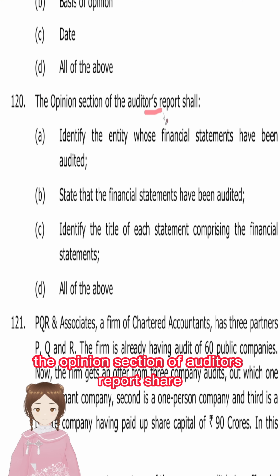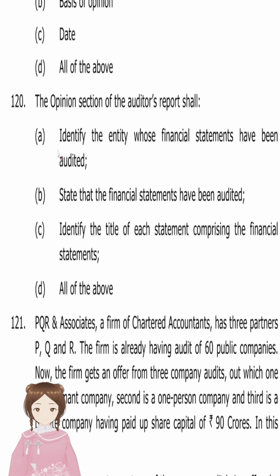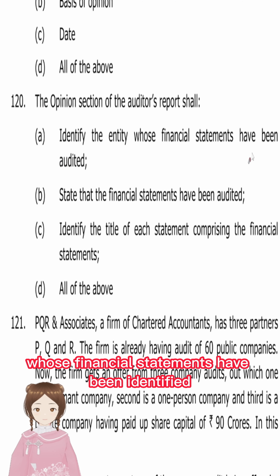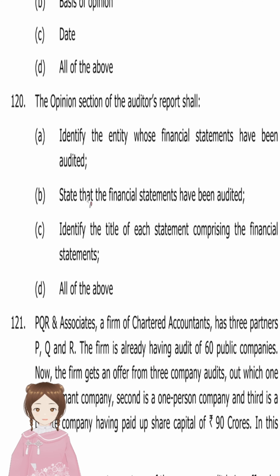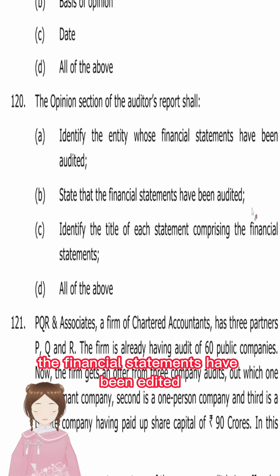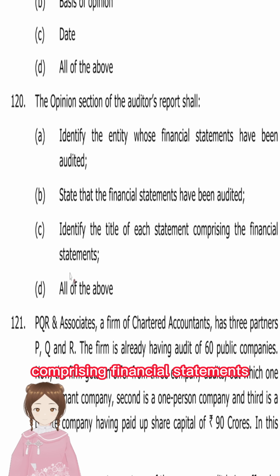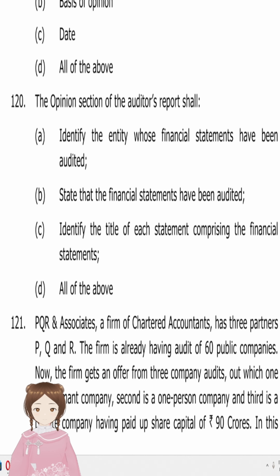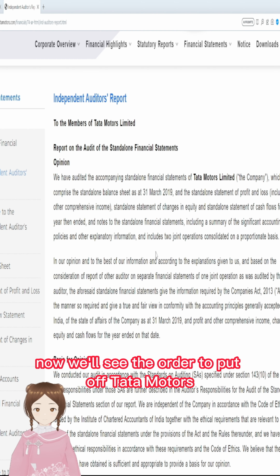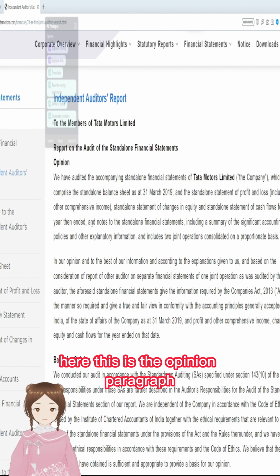The opinion section of auditor's report shall identify the entities whose financial statements have been audited, state that the financial statements have been audited, identify the title of each statement comprising the financial statements, be all of the above. Now we'll see the audit report of Tata Motors here. This is the opinion paragraph.